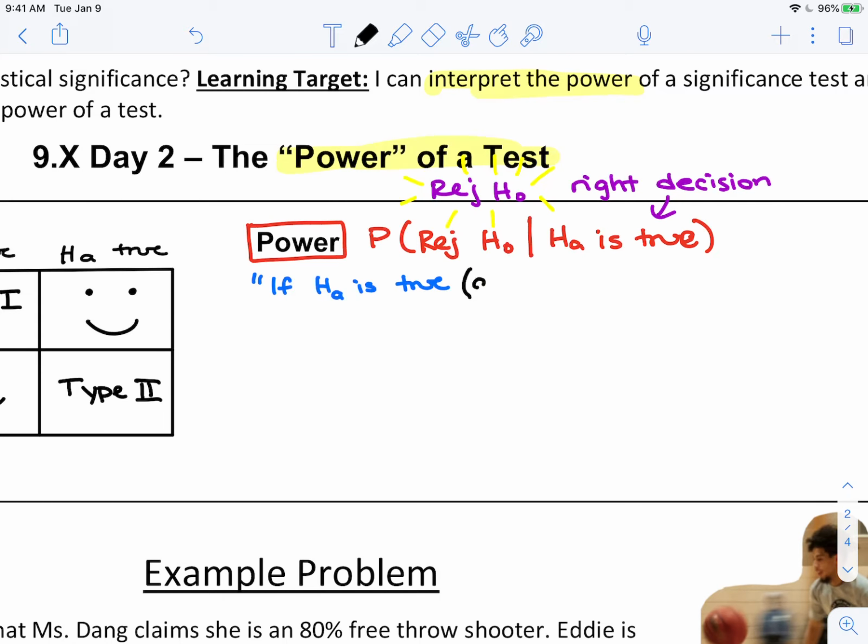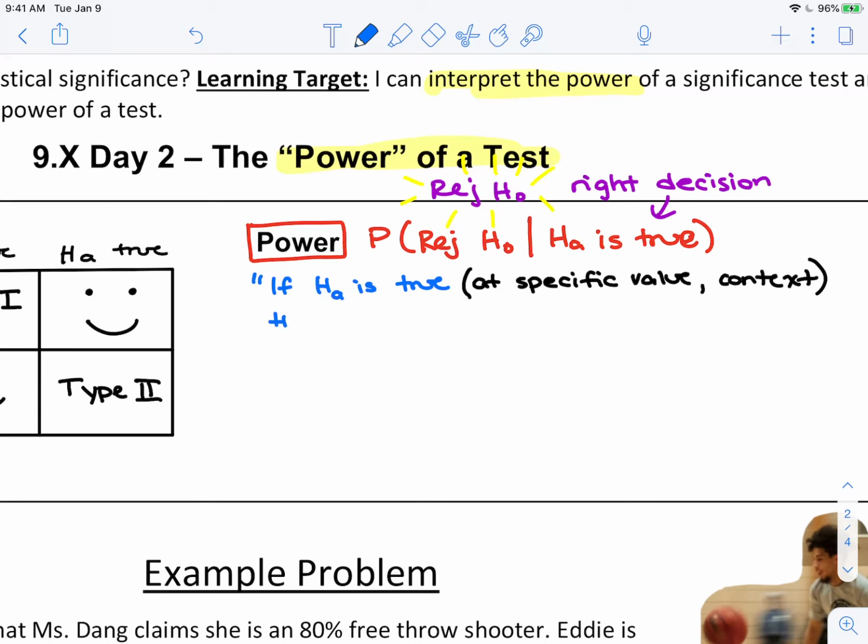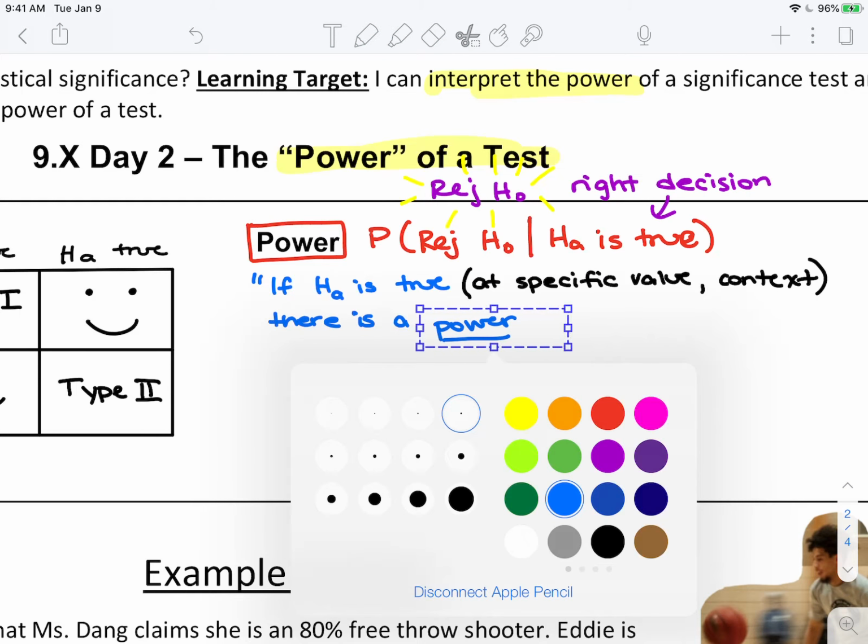Black is what I want you to insert a specific value, include the context. There is a blank power.